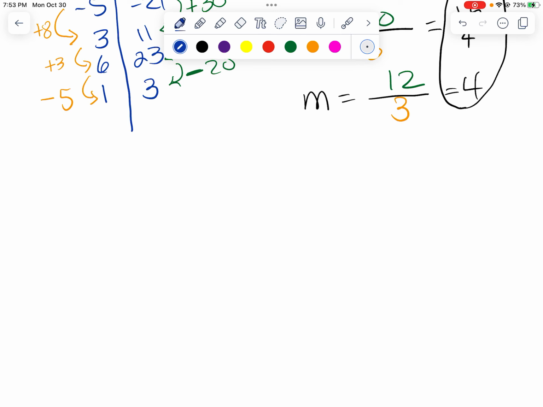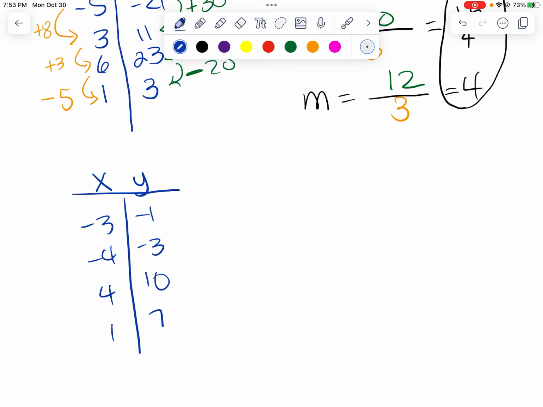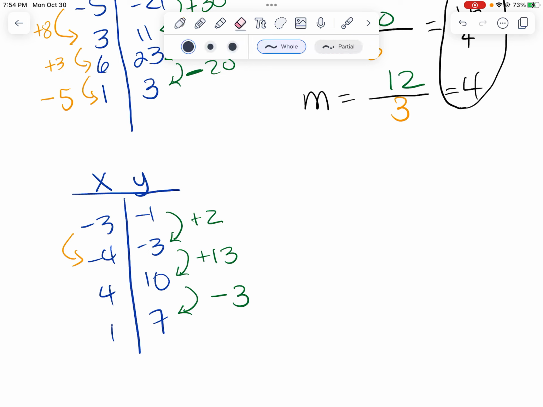So let's look at another example. If I have -3, -4, 4, 1, and I had -1, -3, 10, and 7, and I looked at this, well, this went up 2, this went up 13, and this went down 3. This right here went down 2, not up 2.